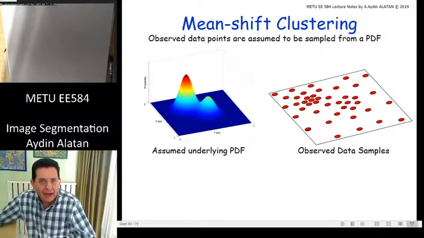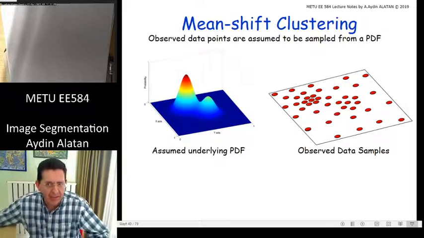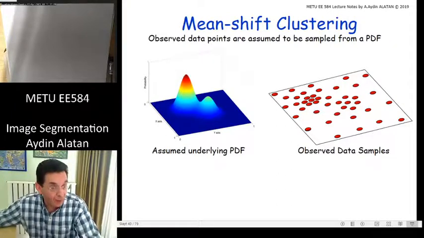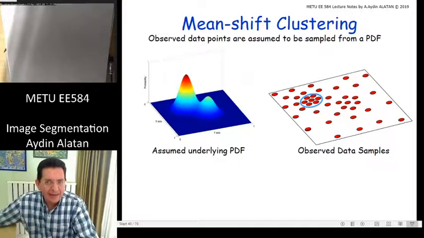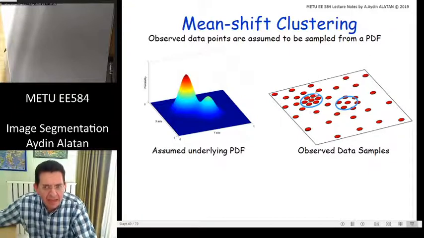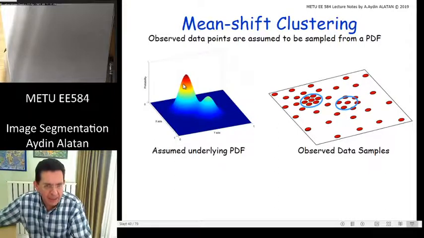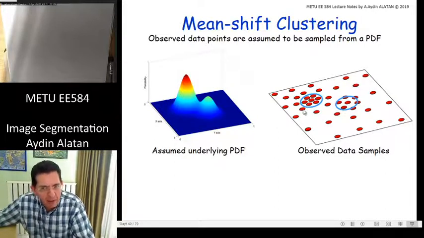Now, the idea is this: the observed data is sampled from an unknown PDF. I will try to estimate it. And at the end, I'm going to say, these samples are due to this peak of the PDF. Those samples are due to that peak of the PDF.